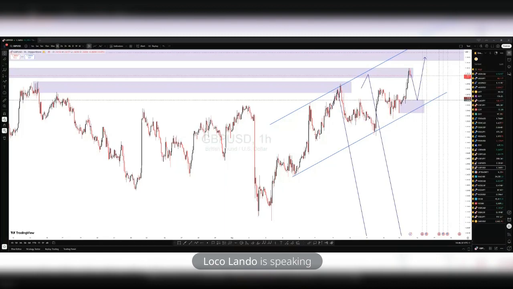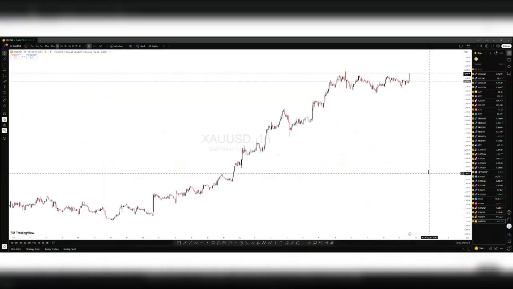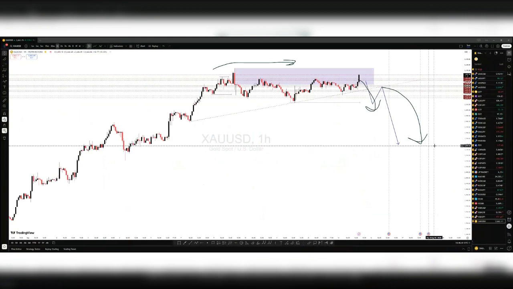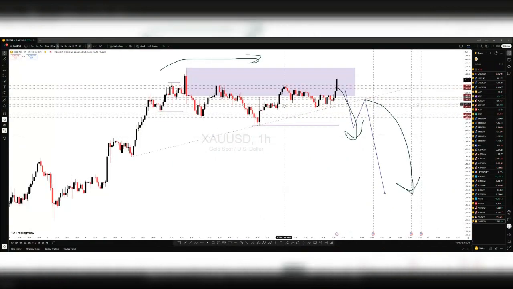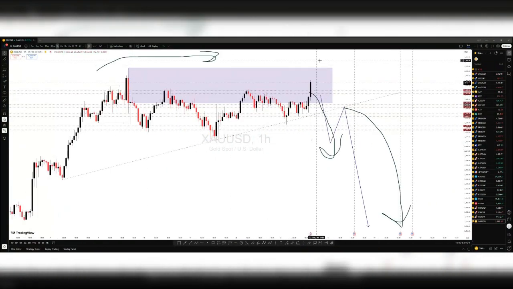About gold, did we have a sentiment change, or might this be a fake breakout? Remember, I said the sentiment only changes above this region. It is still within this consolidation range, so please hold on, be patient.